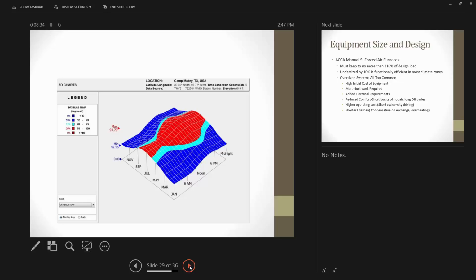This is just a graphic representation of your daily temperature ranges, and so you can see based on hour over hour, day by day predictions of what the temperature is going to be.